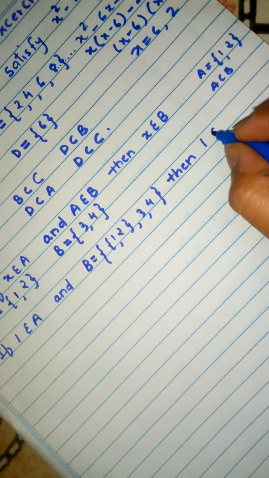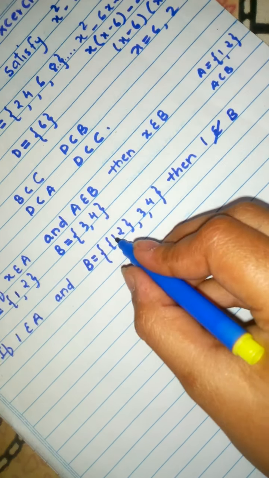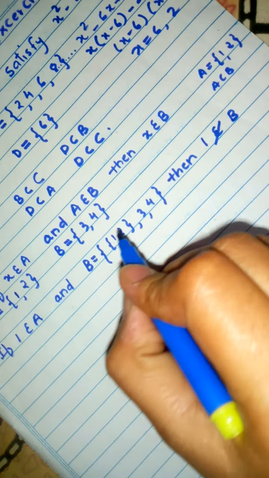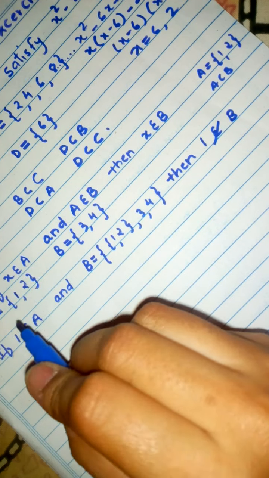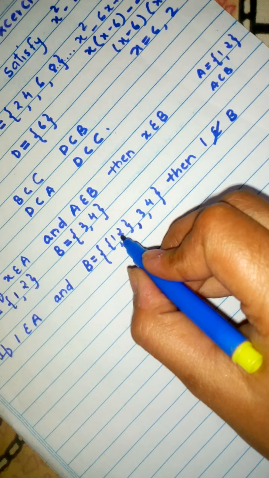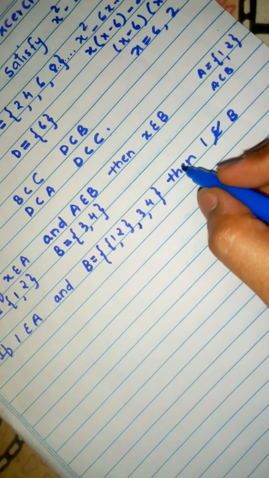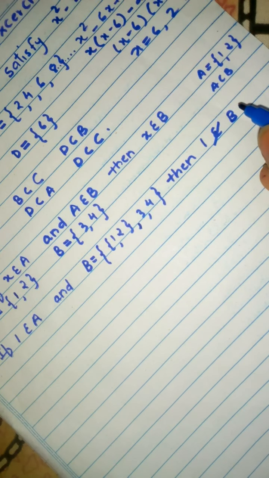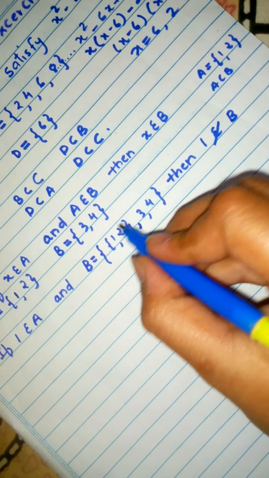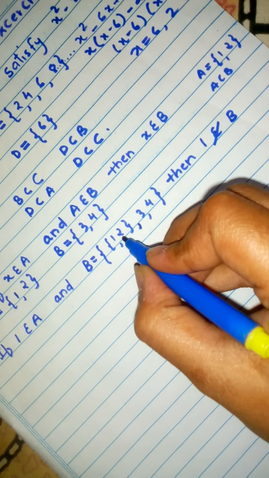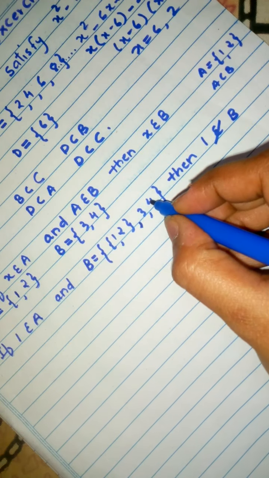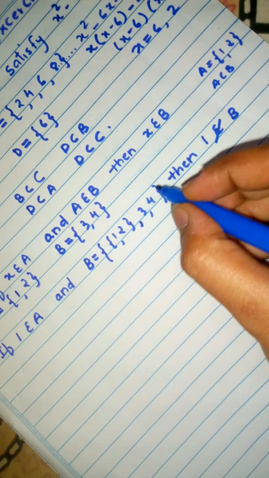But this is not true, because what we have taken in B is the whole set A. The set containing 1 and 2 belongs to B, but 1 does not belong to B. So 3 belongs to B, 4 belongs to B, the set {1, 2} belongs to B, but 1 does not belong to B. If B were {1, 3, 4}, then it would have belonged.